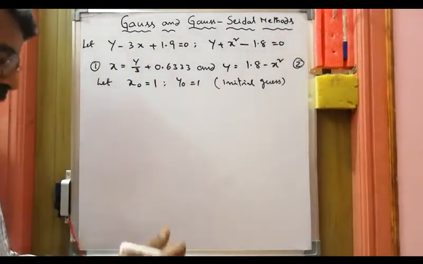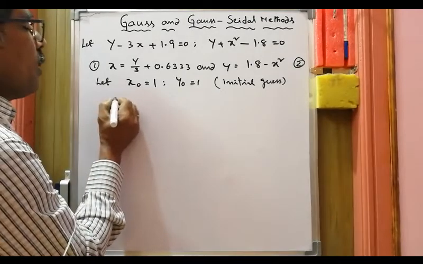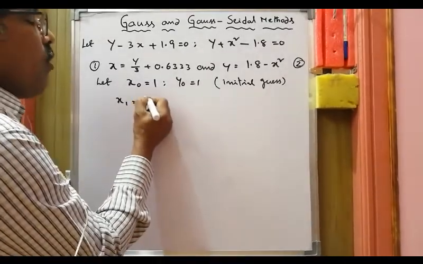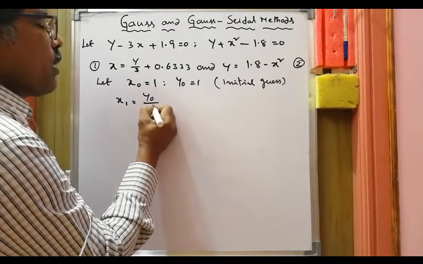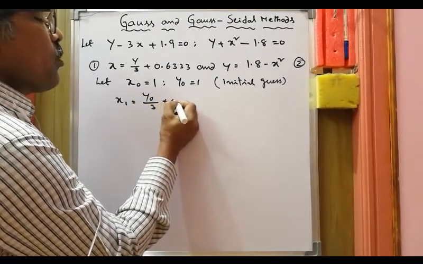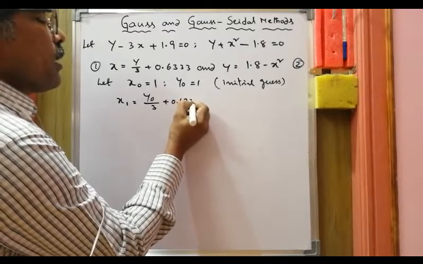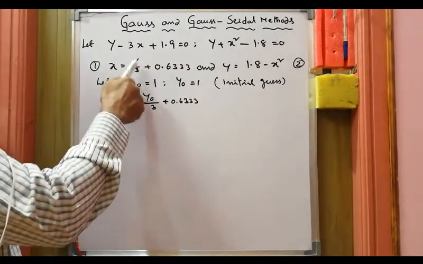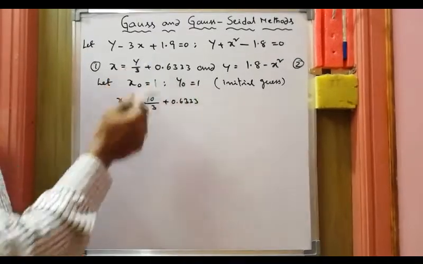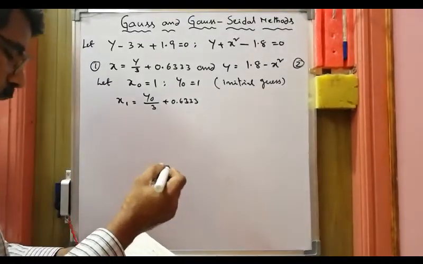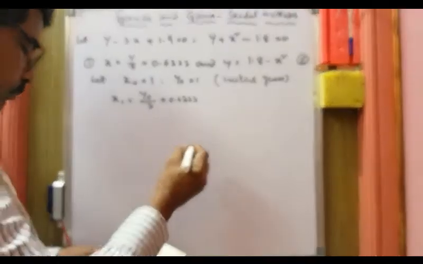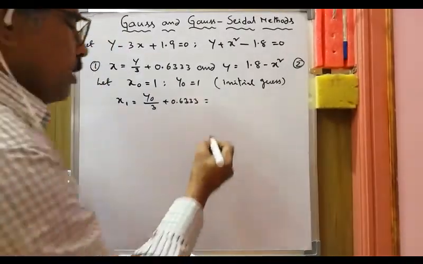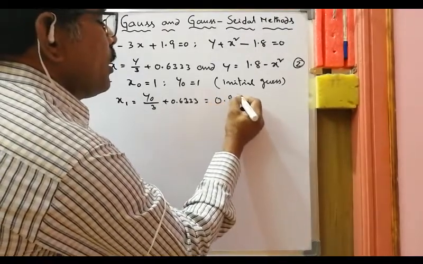x naught in the first equation, so that x1 equal to y0 by 3 plus 0.6333. So in this substitute y naught, which is 1. So this is going to be 0.966.